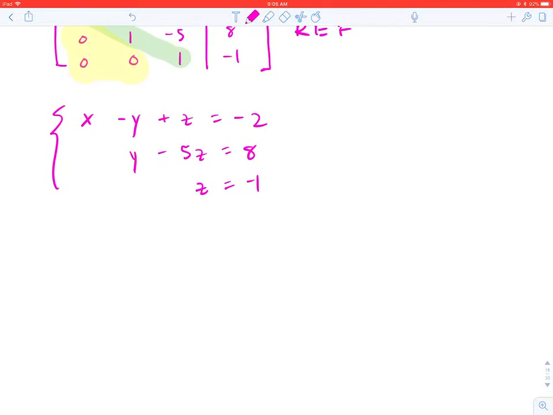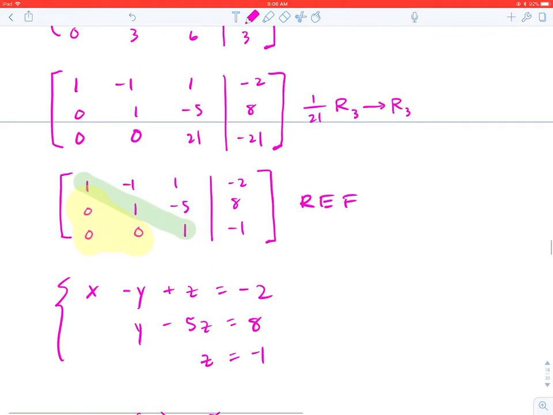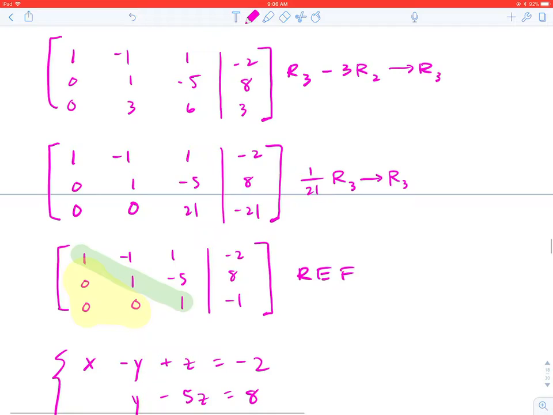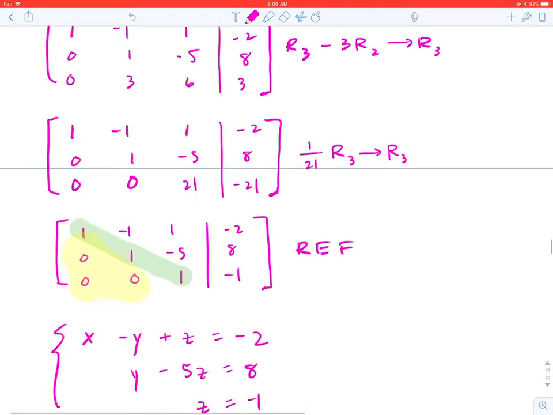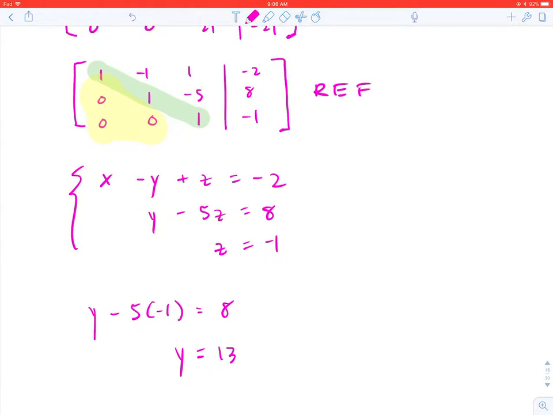So now that I know what z is, I can substitute z back into the equation above it in order to solve for y. So we would get y is equal to 13. Did I miss something? Oh no, it's not 13, that's 3.